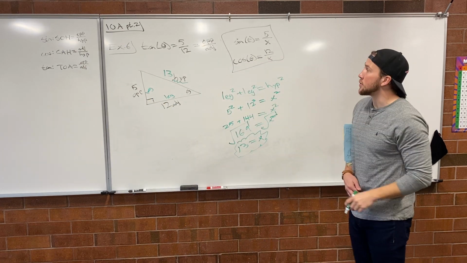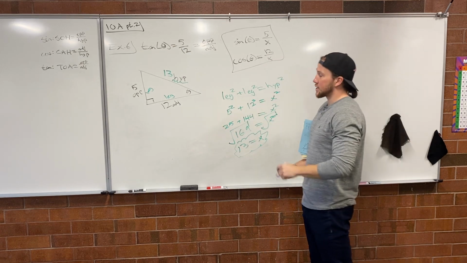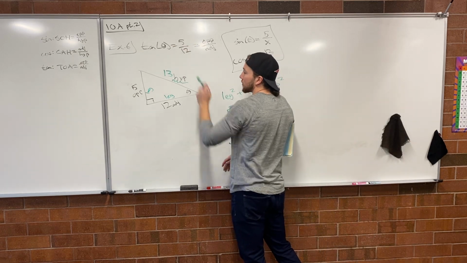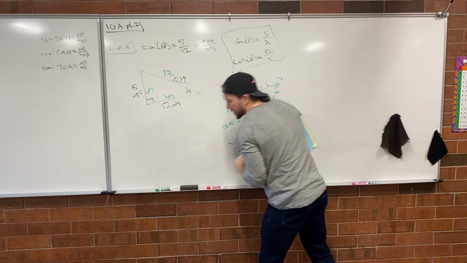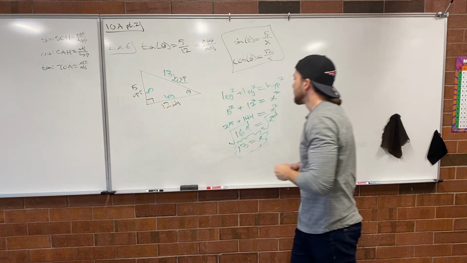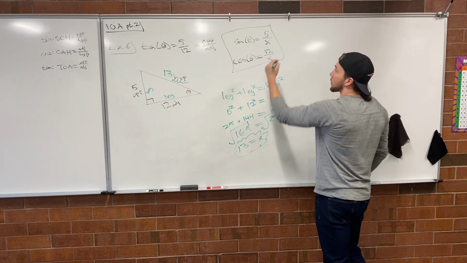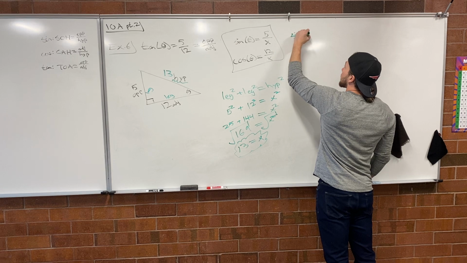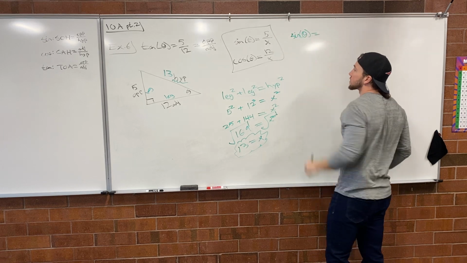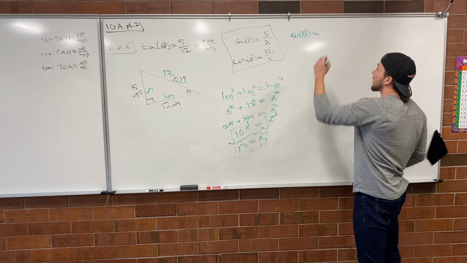So now we can redo these. We're not going to change tangent because tangent has nothing to do with the hypotenuse. Tangent is still 5 over 12. That doesn't change. What does change is that now, let's stay in green, with our solved hypotenuse length, we can redo sine and cosine. We can say that sine of theta equals, instead of 5 over x, now we have a number for x. So we're going to say 5 over 12.